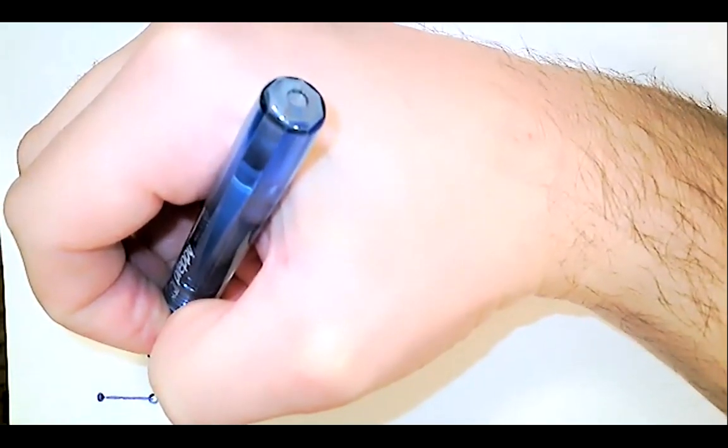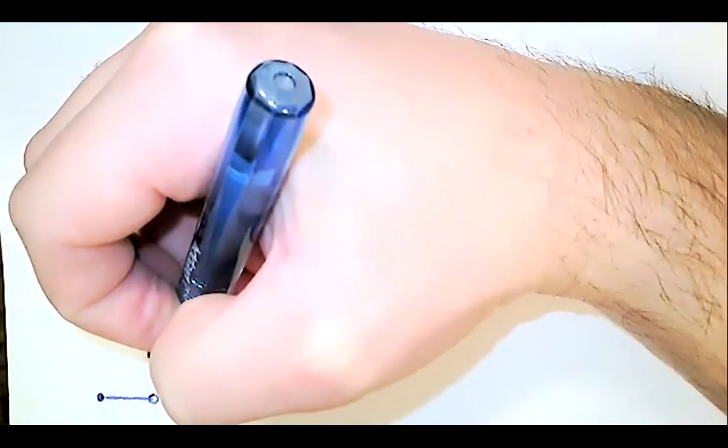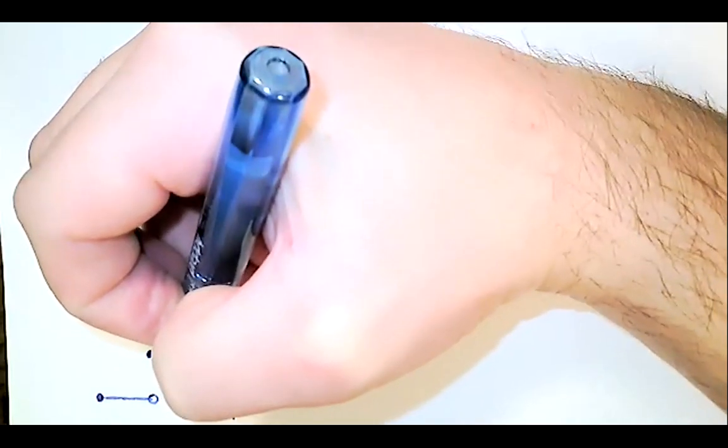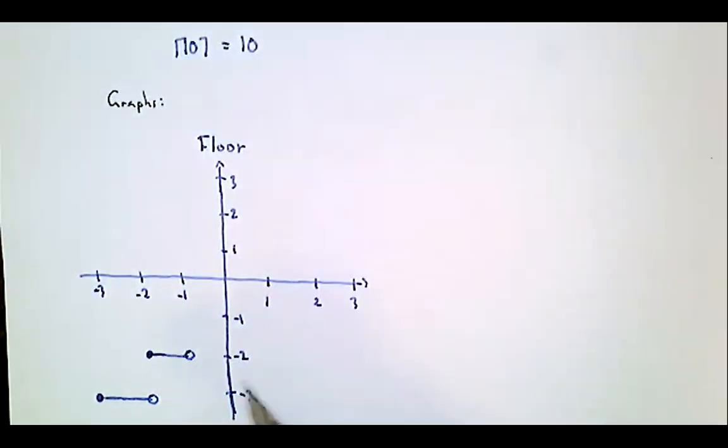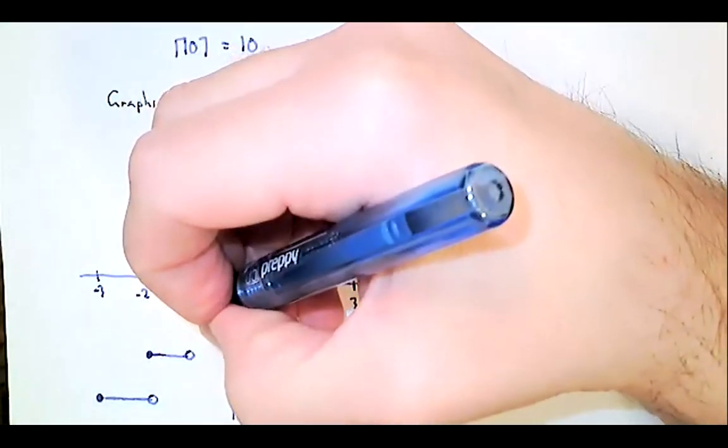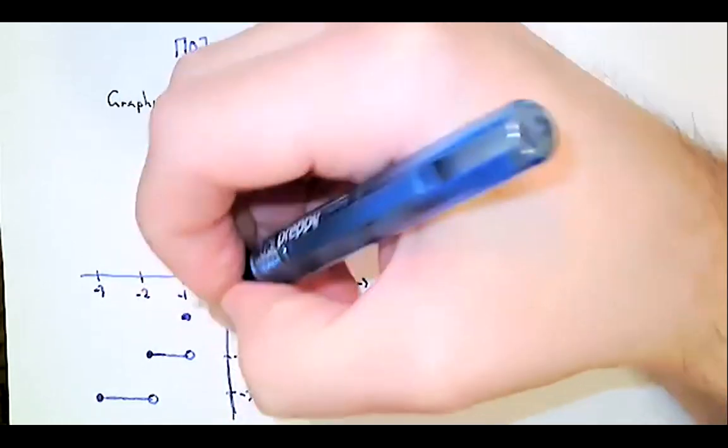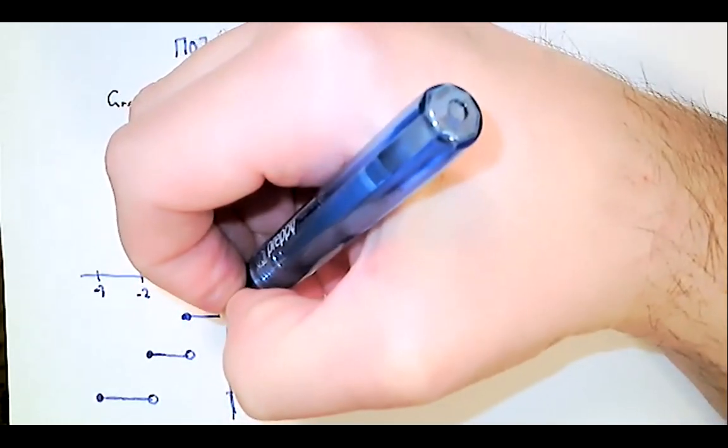And if you think about it, this is going to continue. Any number between -2 and -1 is going to round down to -2. And then if I plug in -1 itself, it's going to give me -1 when we put it in the floor function.